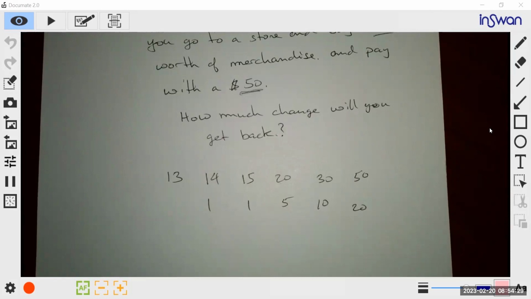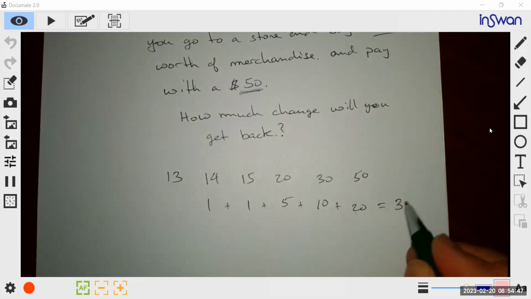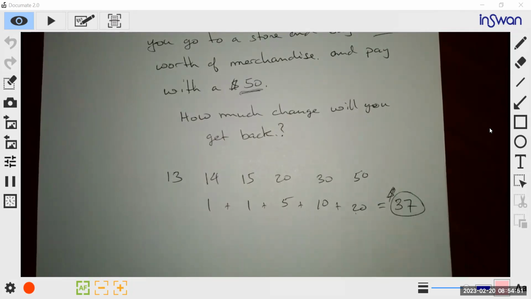You see it all the time. 13, 14, 15, 5 is 20, 10 is 30, and 20 is 50. That's how they do it. So the total change that you'll get is if you add up all these bills: 20 plus 10 is 30, plus 5, plus 2 is $37 change.